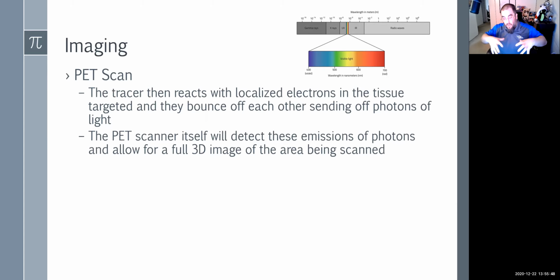And it'll determine a full 3D image of the area being scanned. So if we're doing a PET scan of the kidney, when they inject that tracer, it goes in and reacts with that area around the kidney and sends off light beams. Those light beams are invisible, but can be detected by the scanner itself. And we get a 3D image of just the kidney. It's really impressive.